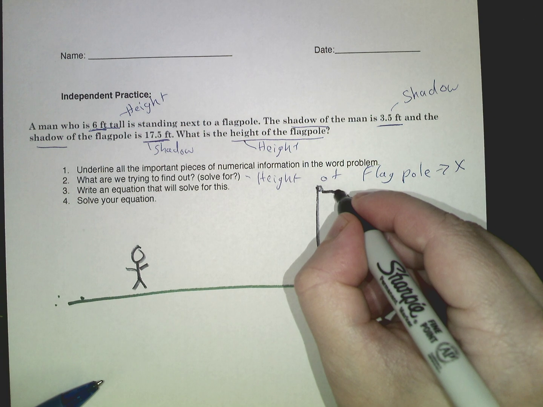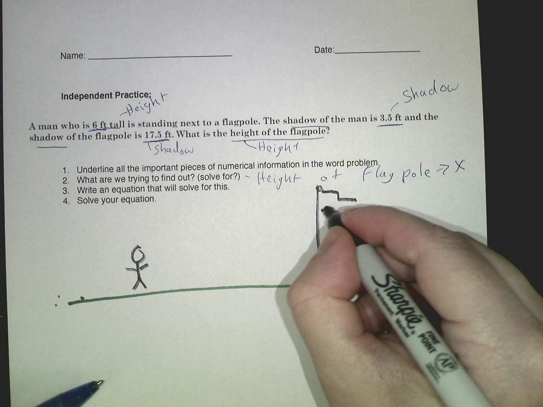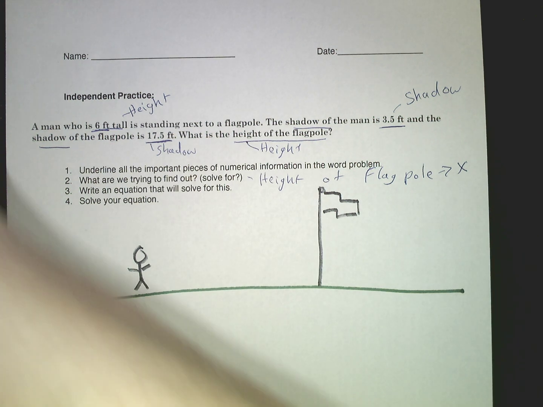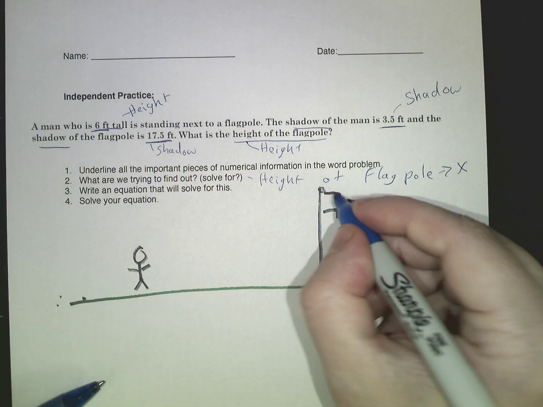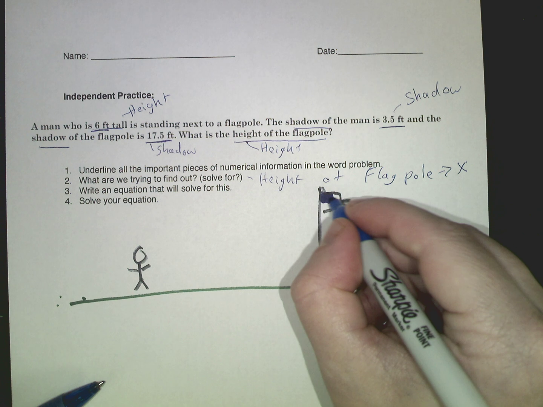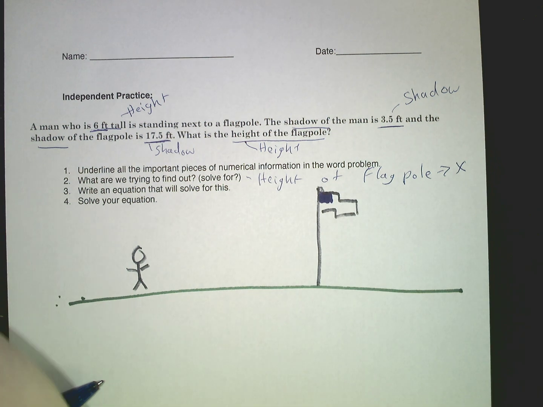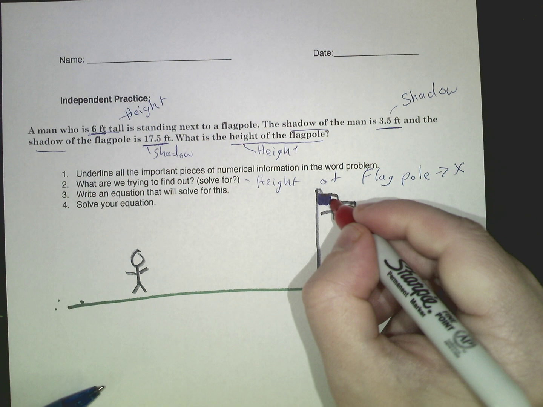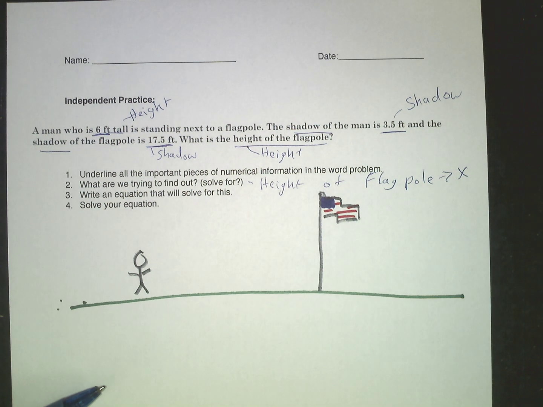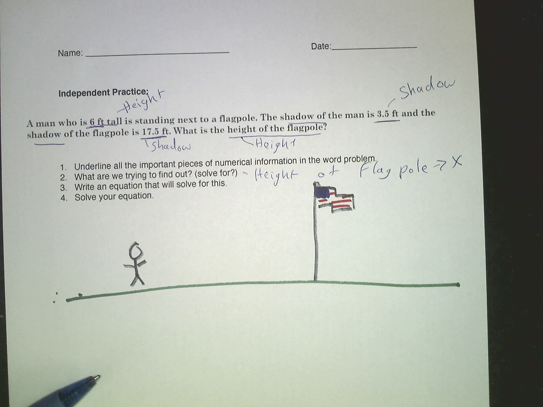Let's see if I can draw a good flagpole. I'm not the best flagpole drawer. Can't do it enough to put stars in there, but maybe some stripes. We'll keep it an American flag for now. That's not a bad American flag. If you squint, it looks like an American flag. So there's this flag blowing, and then you have this guy over here.